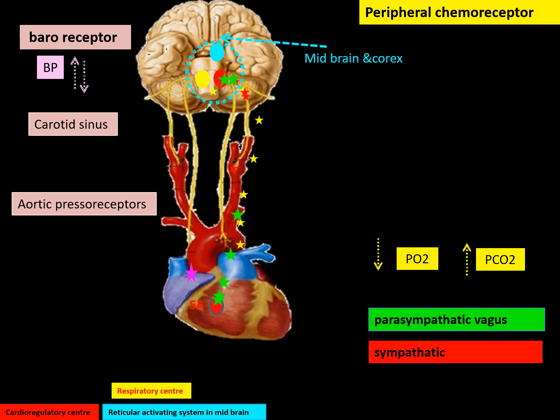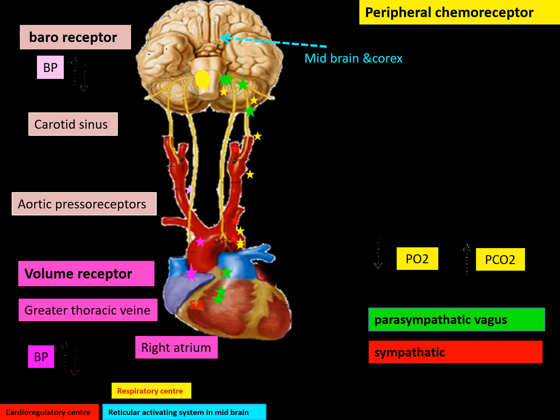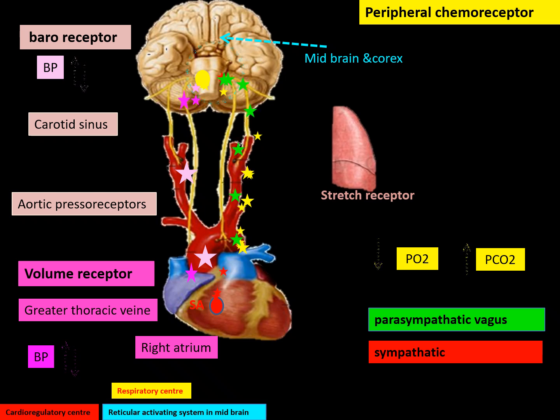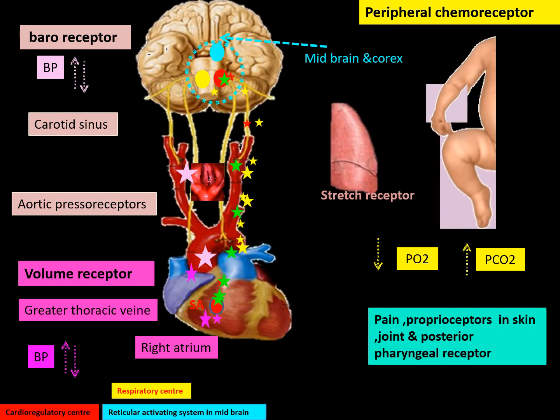Baroreceptors are found in the aortic arch and the carotid sinus, and these receptors respond to fluctuation in blood pressure, both hypotension and hypertension. Whereas volume receptors are located in the great thoracic veins and the right atrium of the heart, and they respond to change in the blood volume.